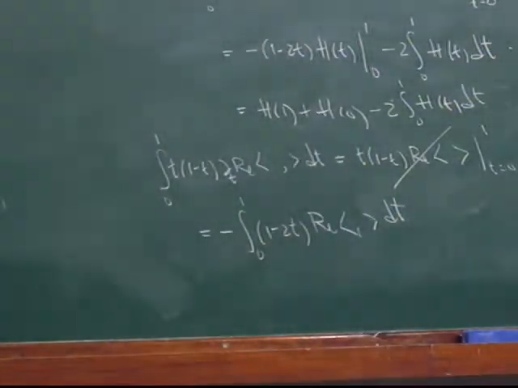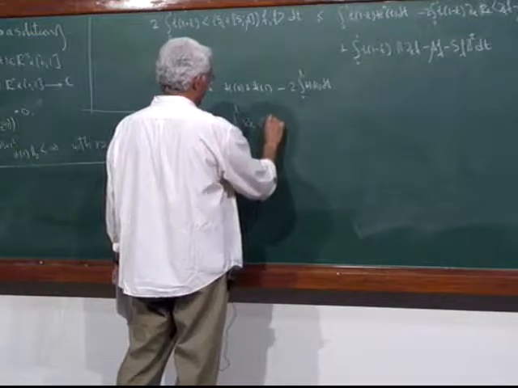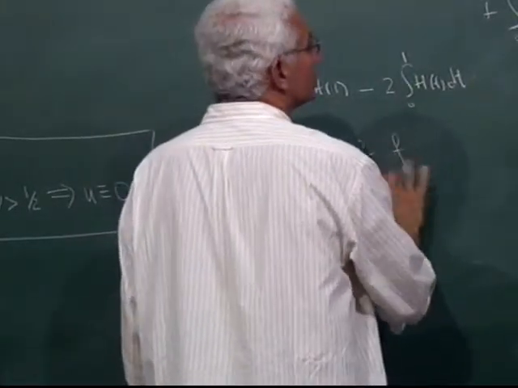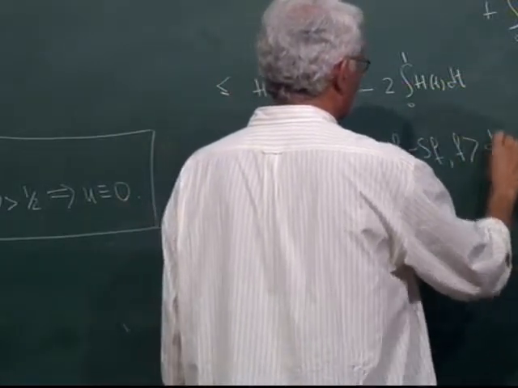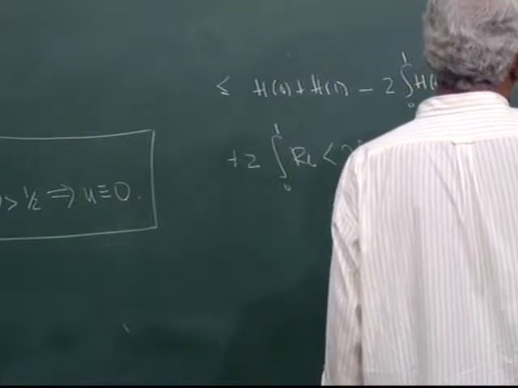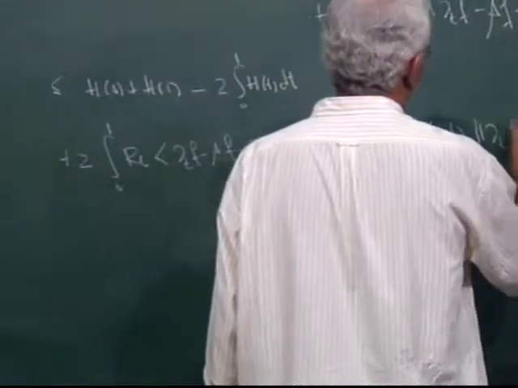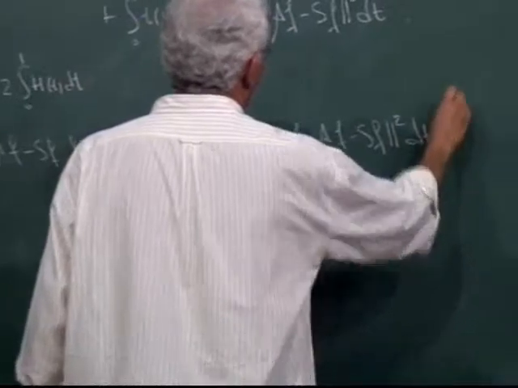But since you have a minus here, this is going to give you plus twice the integral between 0 and 1 of the real part of dt of f minus f. And now, plus what you have here. Okay, we have this formula.